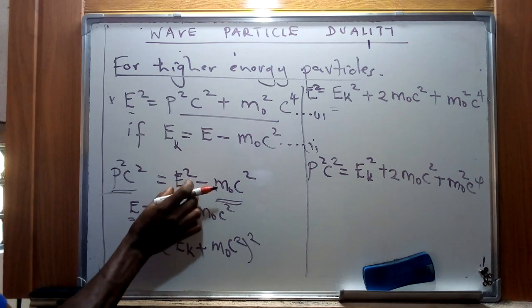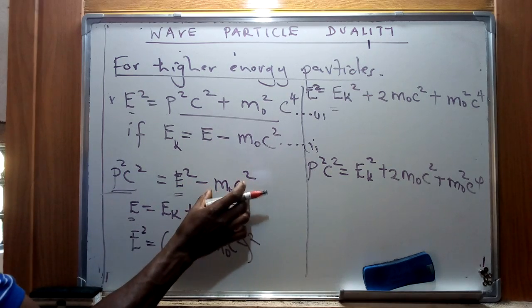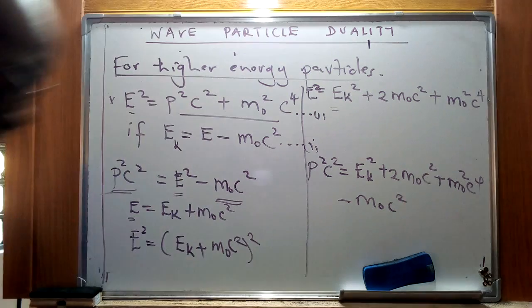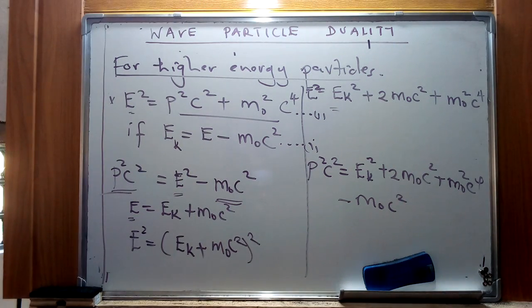We have just done a substitution for E squared, and then we have this section of our equation minus m0 squared c to the power 4.